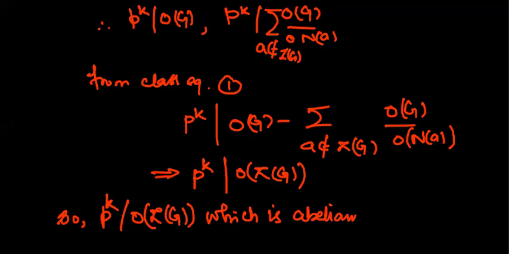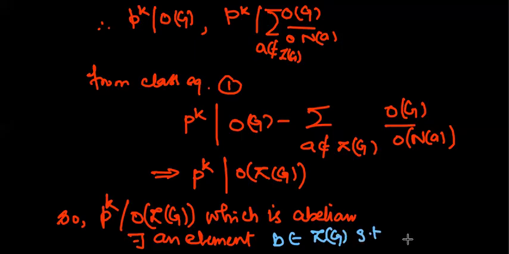So there exists an element b belongs to Z(G) such that order of b is equal to p^k.